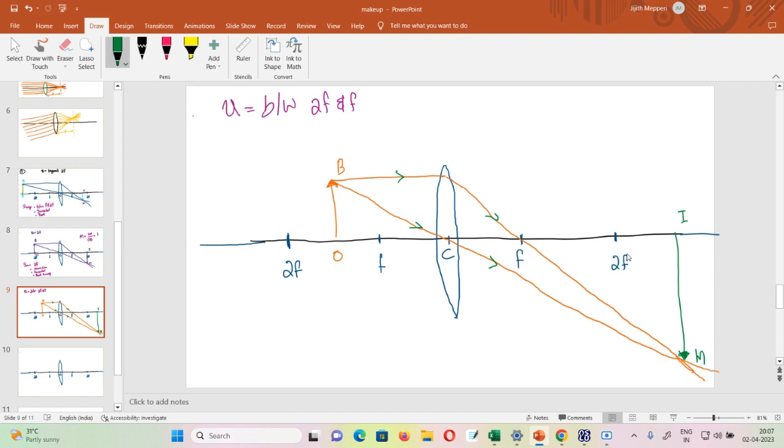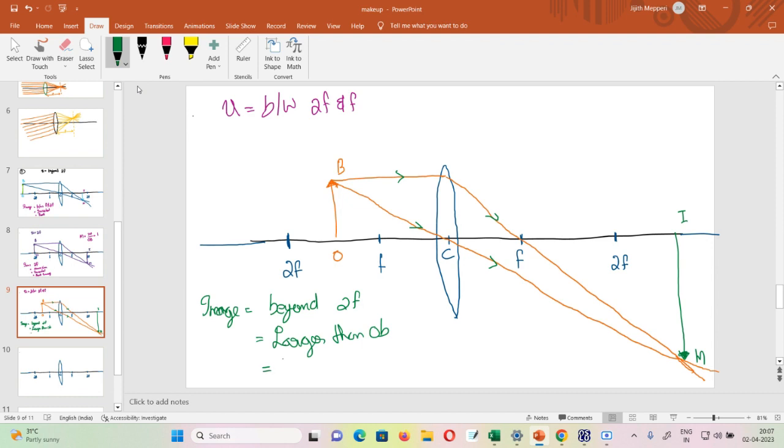So the position of the image will be beyond 2f, and the size of the image will be larger than the object.